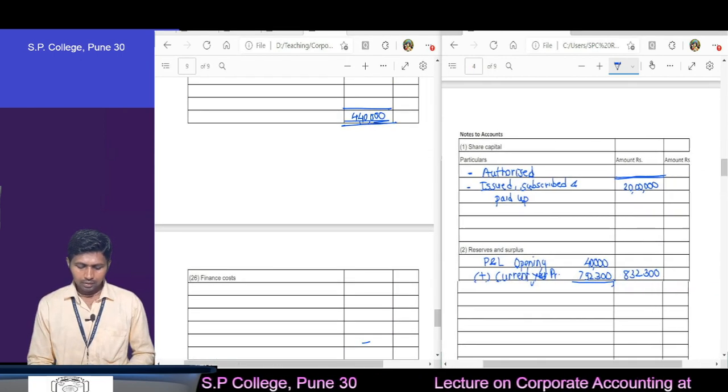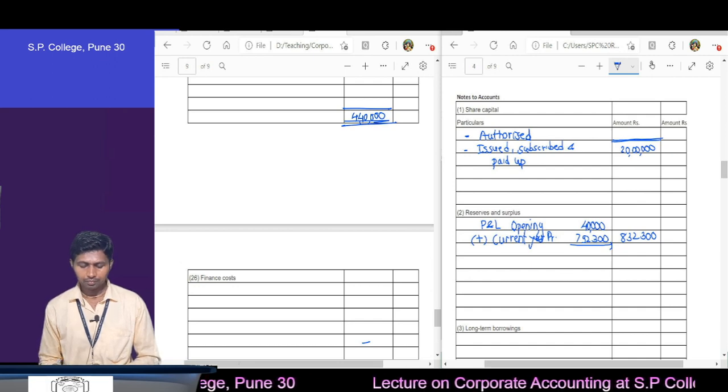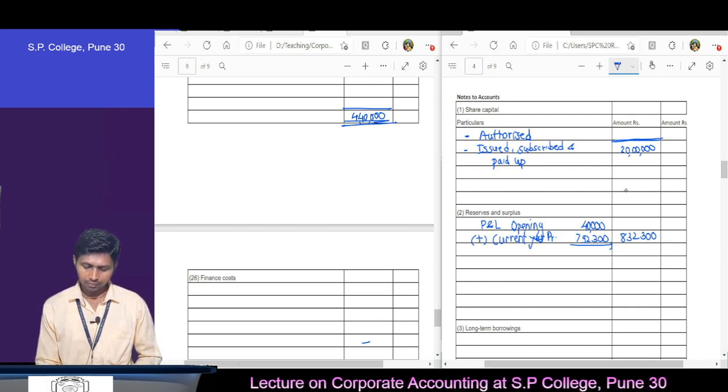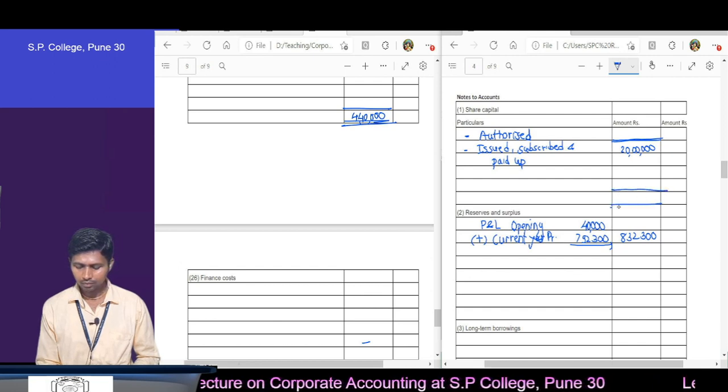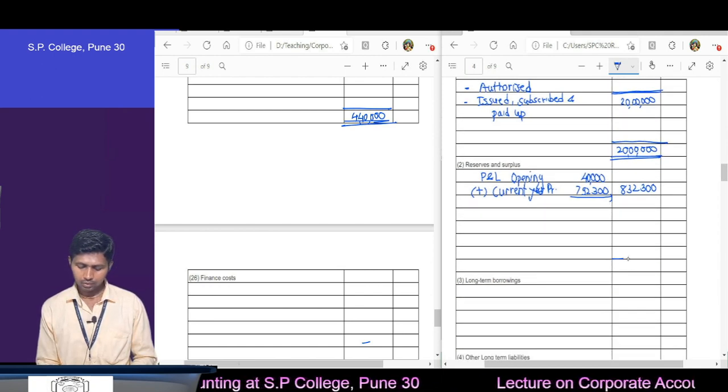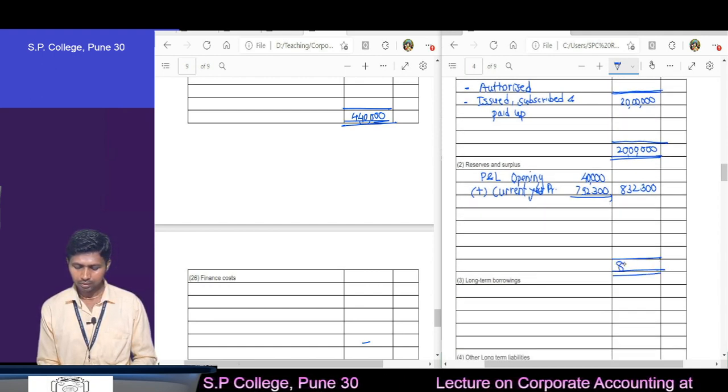Next, related to balance sheet, we have notes from 1, correct? Now the first note has only one figure, so the total is very simple, 20 lakhs. In reserve and surplus, here also one figure, 8,32,300.